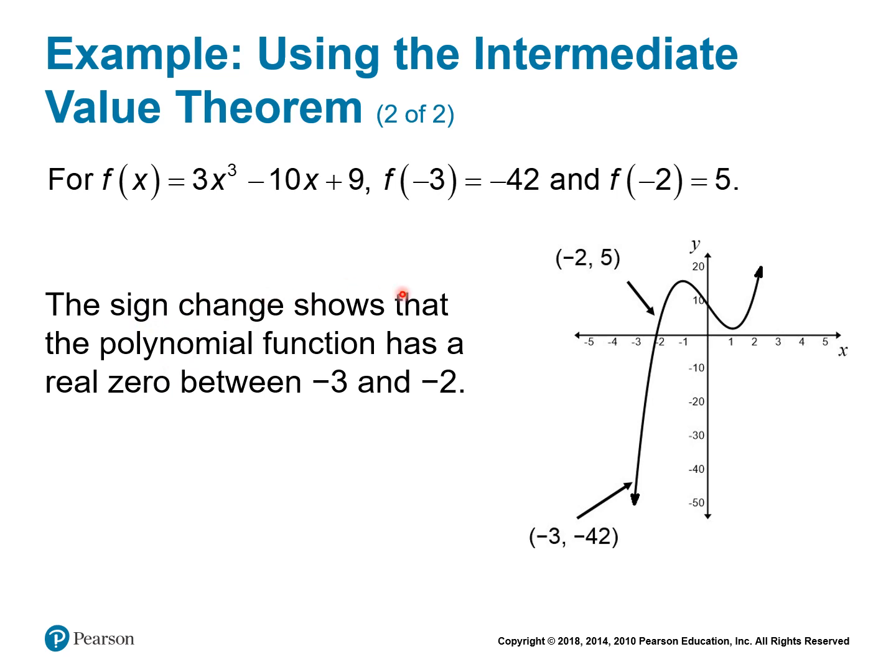Therefore, the sign change shows that the polynomial function has a real 0 between -3 and -2, and we do see that the graph intersects the x-axis between these two x values, between this interval.